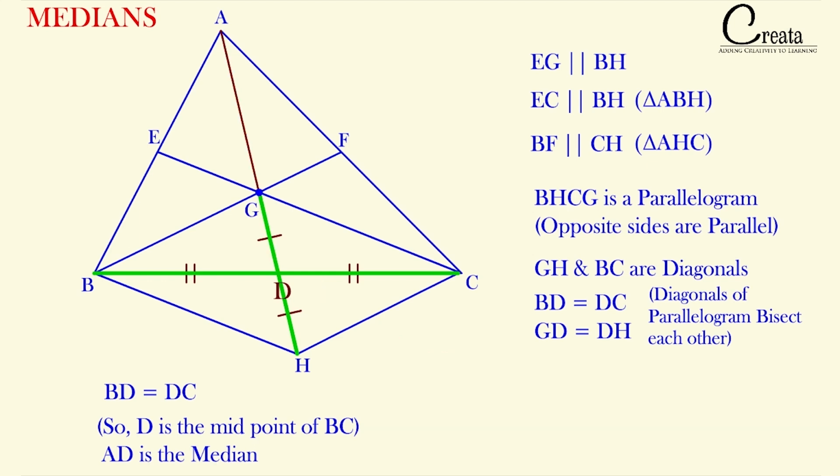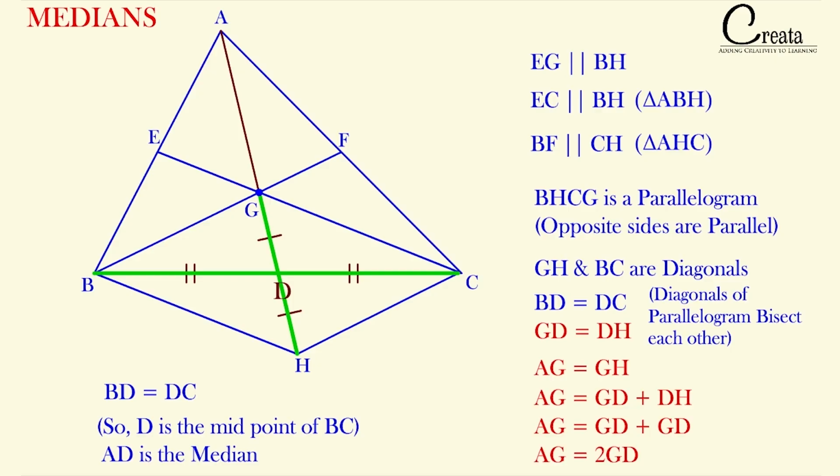One more point. Here we have also got GD is equal to DH. And we know AG is equal to GH and GH is equal to GD plus DH. So on replacing DH with GD, we got AG is equal to twice of GD. This is the second proof, that is the centroid divides the medians in the ratio 2:1.